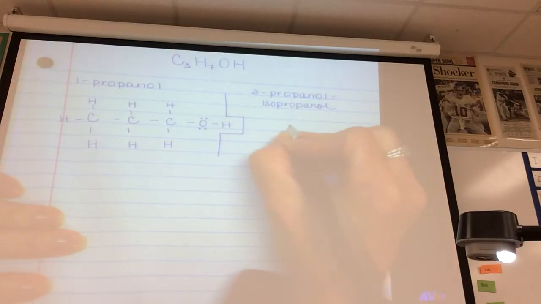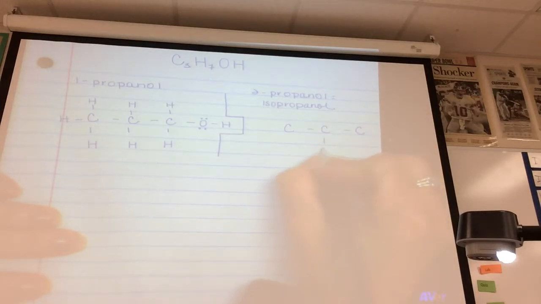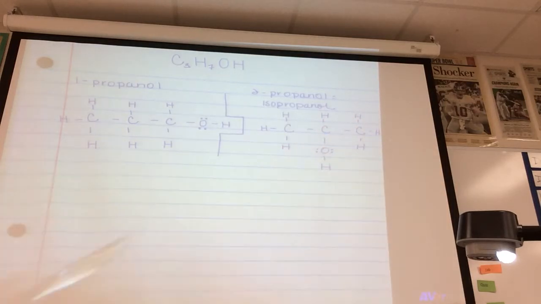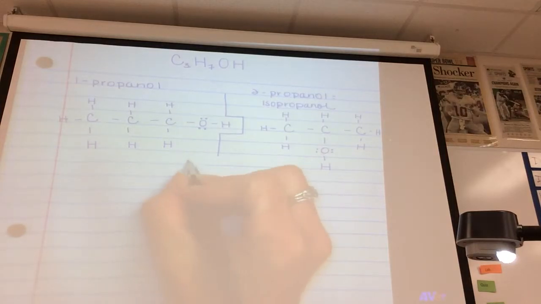And 2-propanol is when the OH, this is a hydroxyl group for those of you who have taken AP Bio or are going in that direction next year. That's 2-propanol. These are isomers as well.